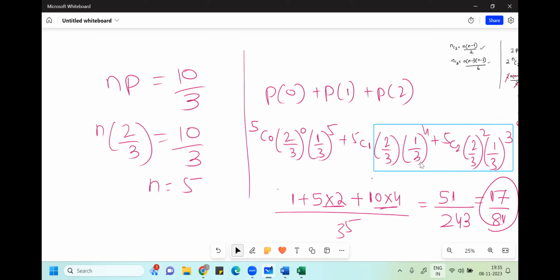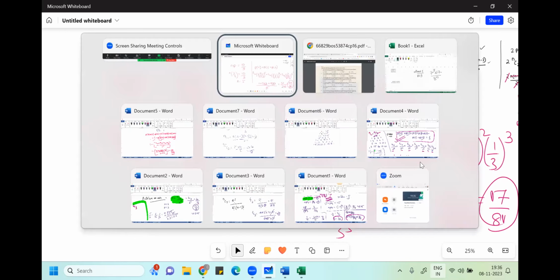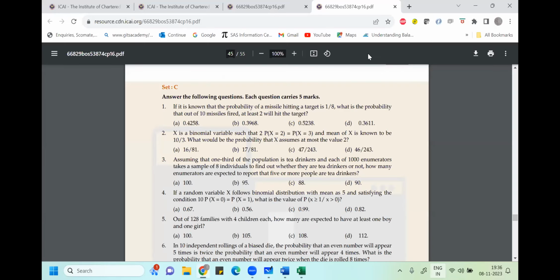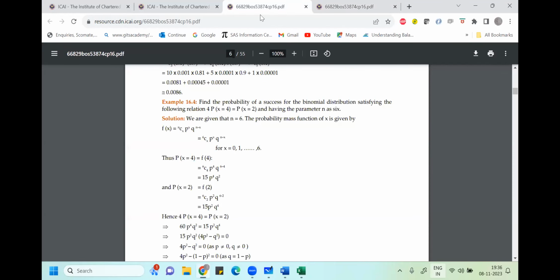You can solve these questions. And now I request you try this question. Example 16.4.